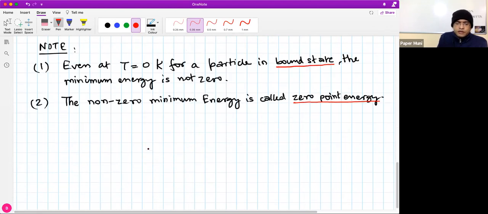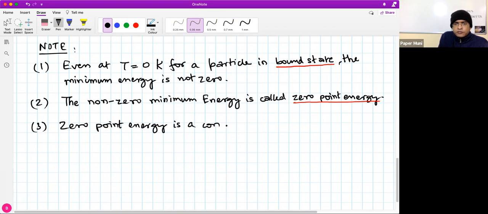Now the next point is, zero point energy is a consequence of the Heisenberg uncertainty principle.